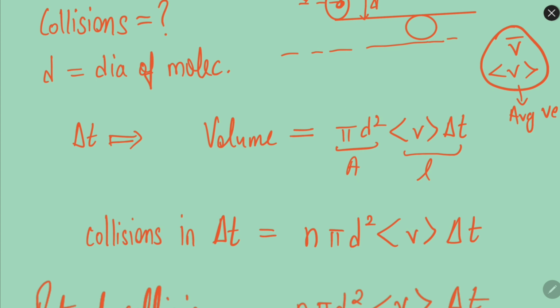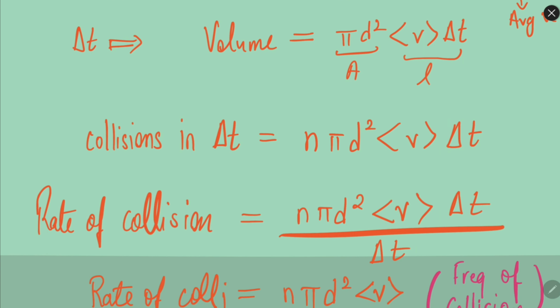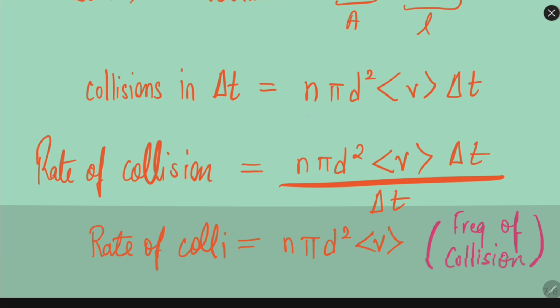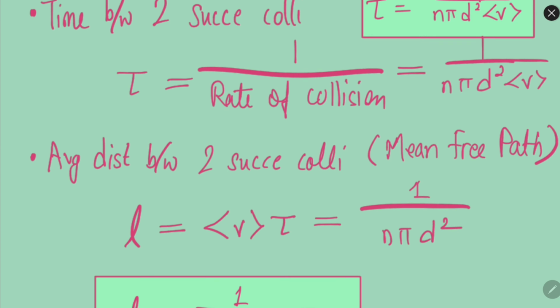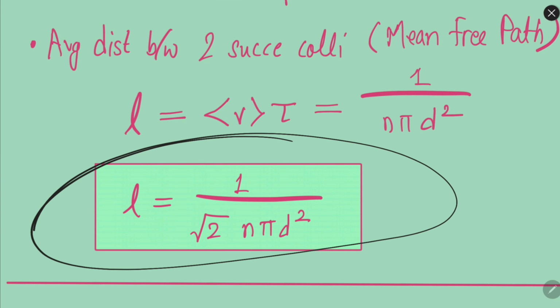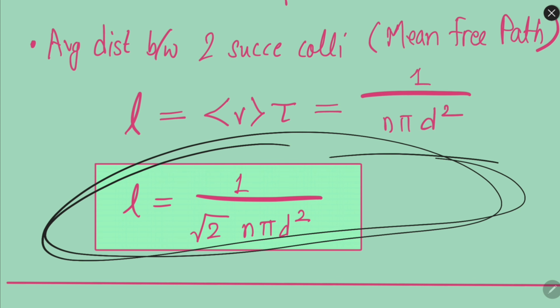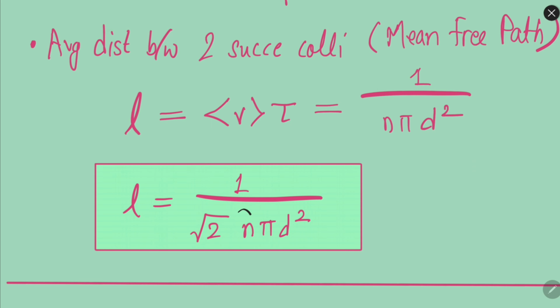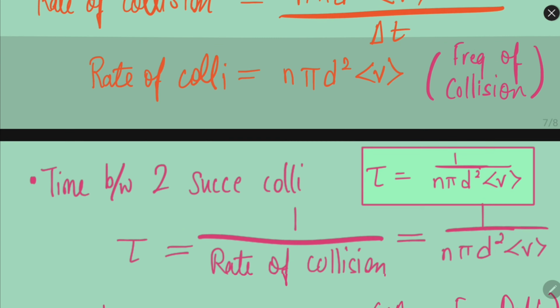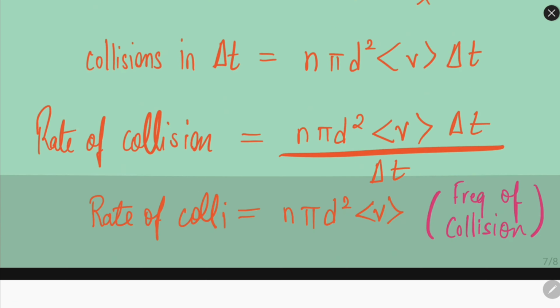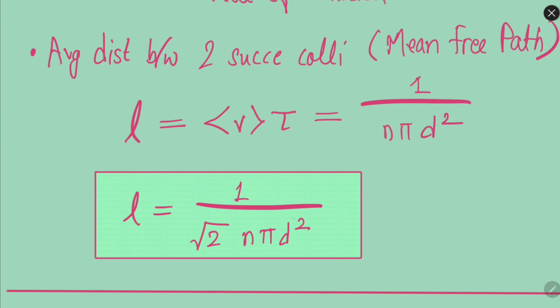Now we know that volume can be found by area into length, and collisions in time t can be found like this. So ultimately we will have a formula which tells us the average distance between 2 successive collisions, or mean free path. It will be 1 over root 2 n pi d square, where n is the number of molecules per unit volume, and d is the diameter of the molecule.